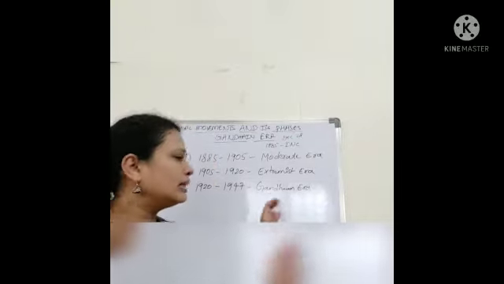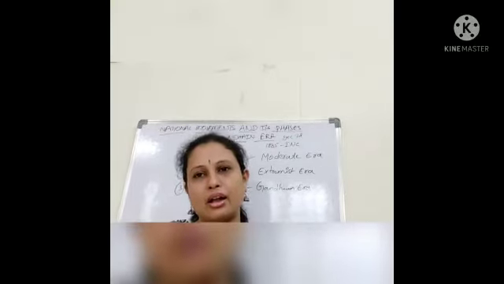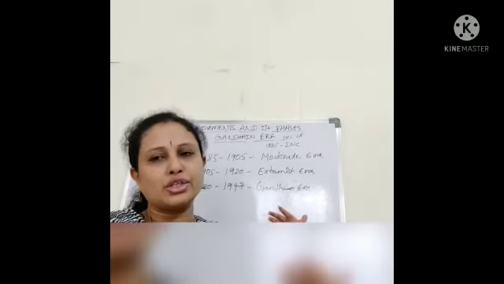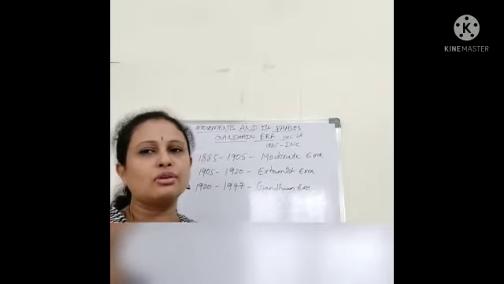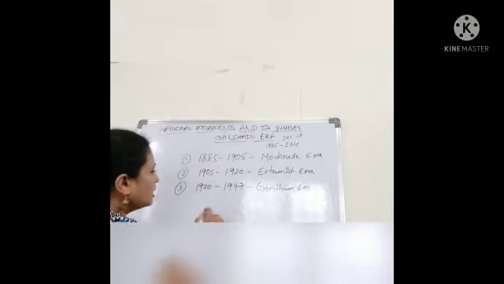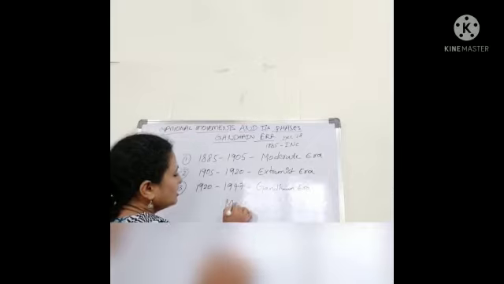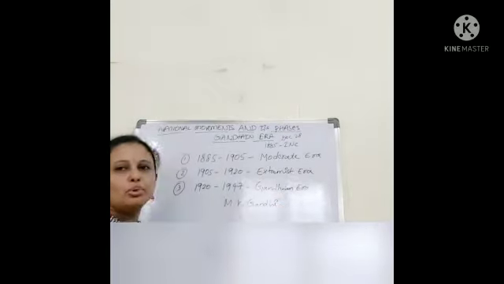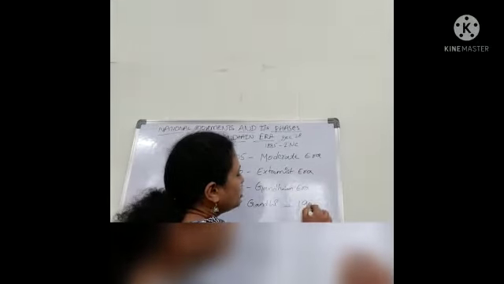And the third one is known as the Gandhian era, the most important era of the Indian national freedom movement, because one great national freedom fighter, Mahatma Gandhi, Mohandas Karamchand Gandhi, came to India in the year 1915.